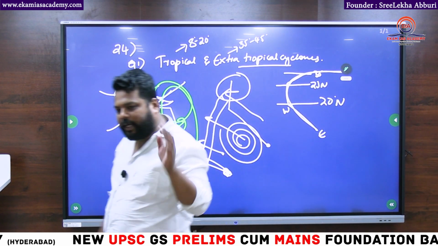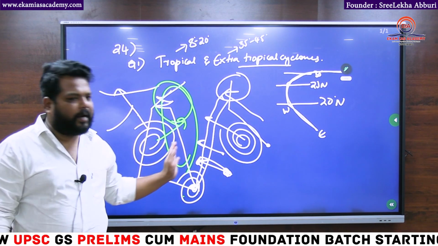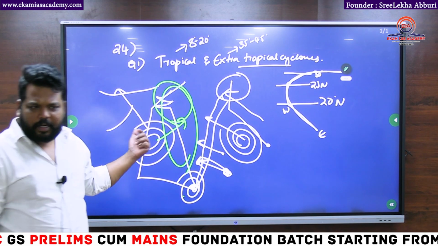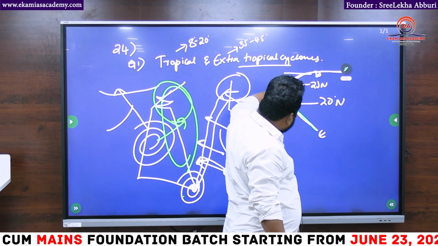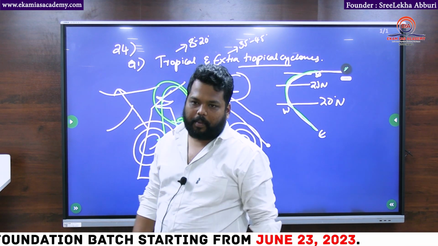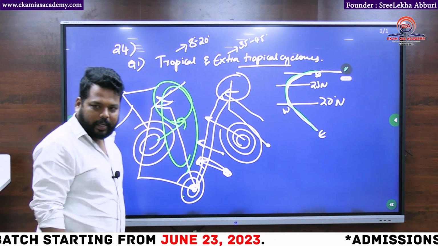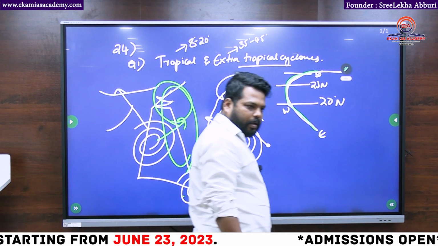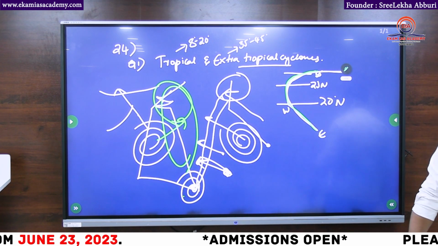But despite being under the influence of trade winds, that influence wouldn't be there for a continuous span. So this is the parabolic path in which the tropical cyclone travels. Are you getting this point, everyone? Clear?